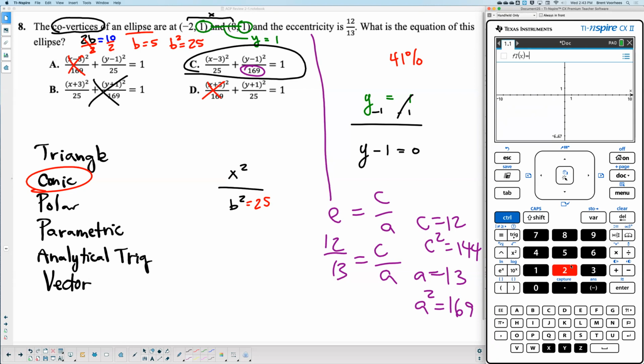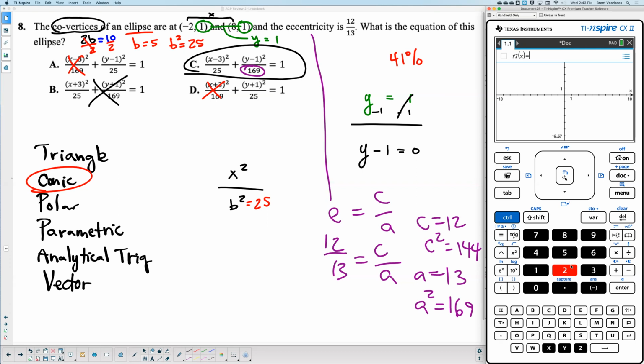It's a relationship between the x and y that satisfies something. What's true with every function? It passes the vertical line test. Yes. This will not pass the vertical line test.